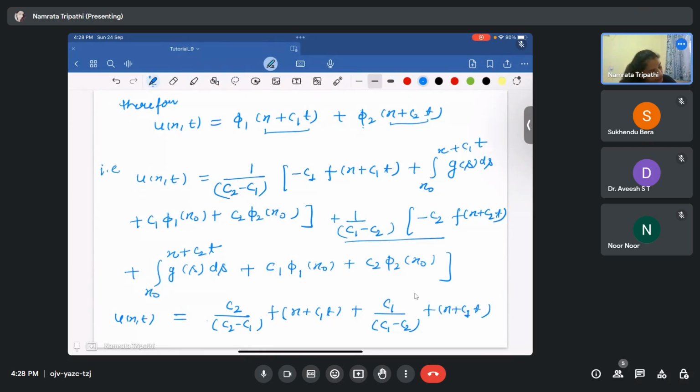fine. And after multiplying this term with these two and this term with these two, these will cancel out because here C2 minus C1 and here C1 minus C2. So these two terms will cancel out after taking minus. You will get 1 upon C2 minus C1 with negative expression. So we can cancel out these two terms.